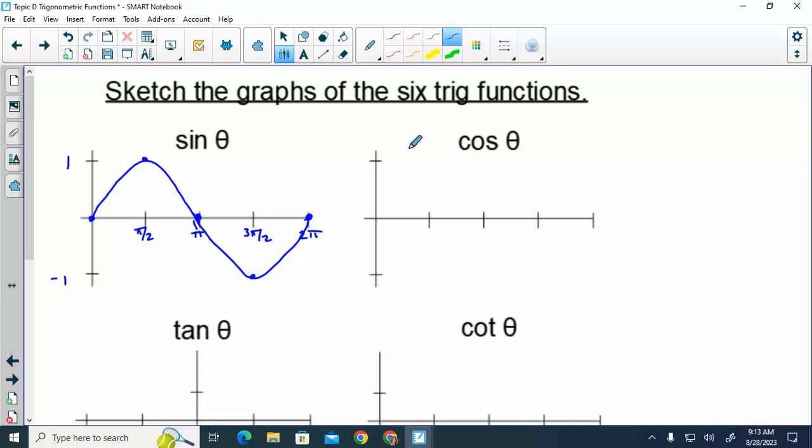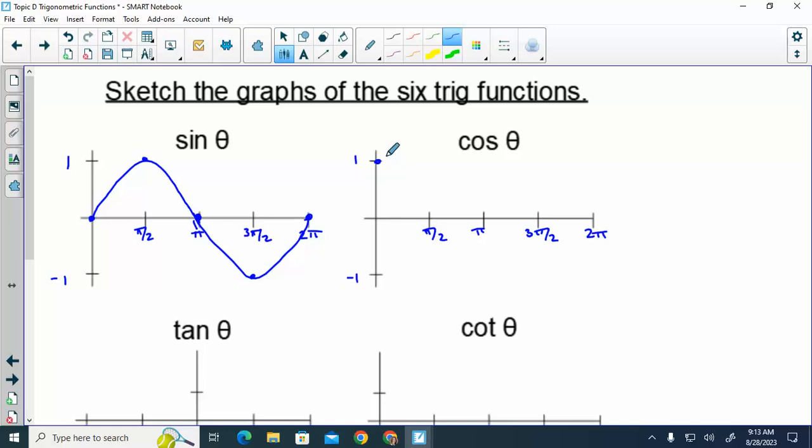All right, cosine. So set up the same. Cosine of 0 is... think about that word pair. Cosine of 90.